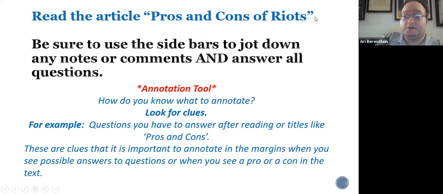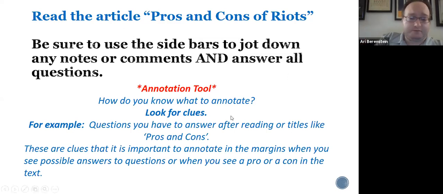All right, so the big assignment that we've been asking you to do, and that you should be working on now, and if not, you should start, is to read the article Pros and Cons of Riots. Again, we have annotations on the article. You have the claim and evidence box and the alternate and opposing claim box to do.